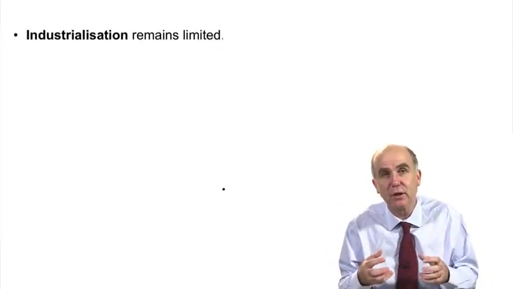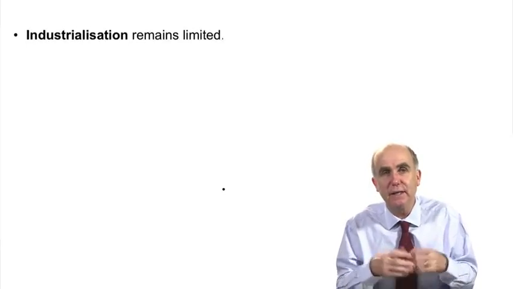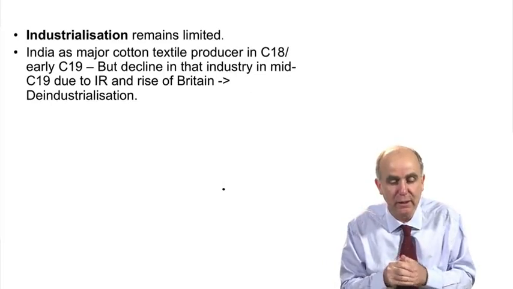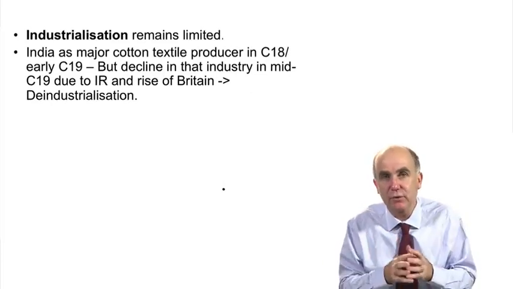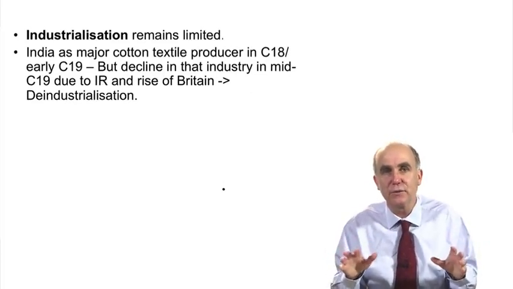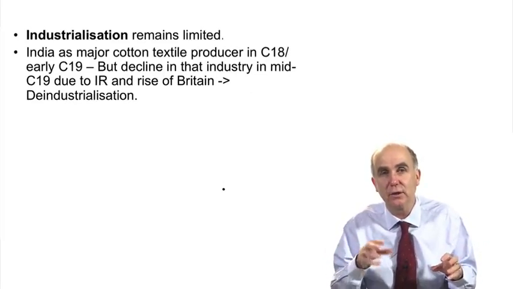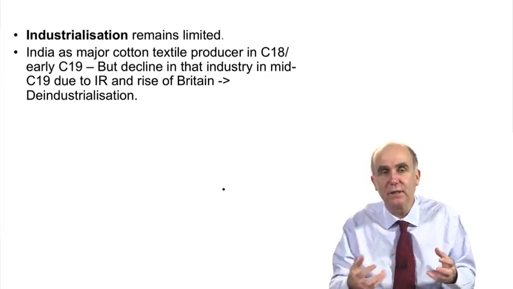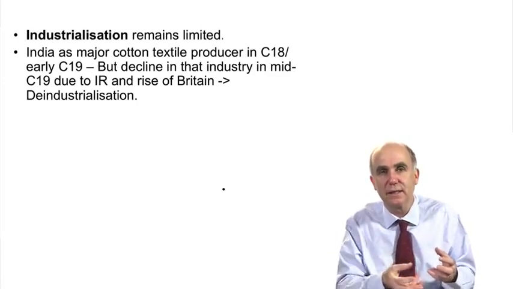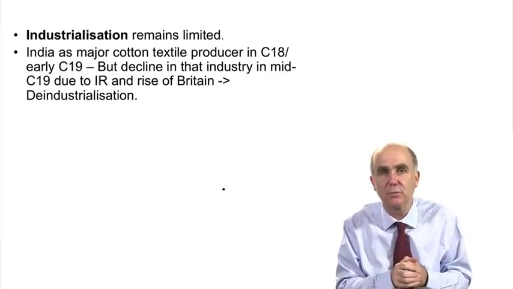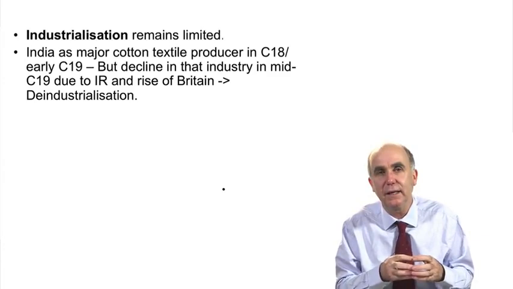The other aspect of economic activity in India during the colonial period is that industrialisation remains limited. India, as we've talked about previously in an earlier lecture, had been a major cotton textile producer in the 18th and early 19th centuries, but due to the rise of Britain as a cotton producer, there's deindustrialisation, a shrinking of the cotton textile production in India.